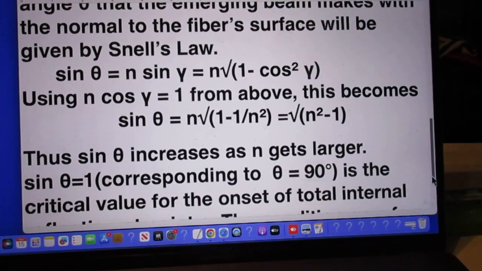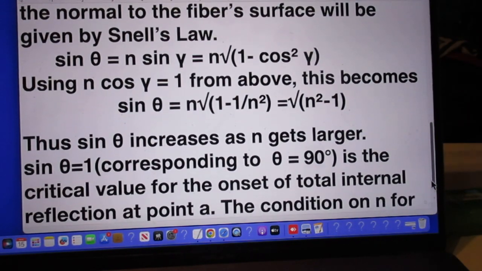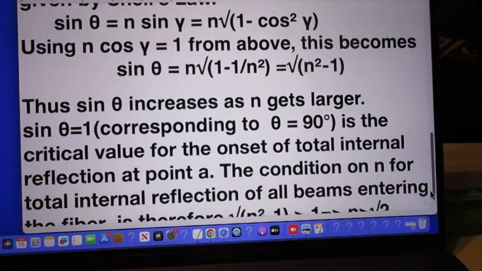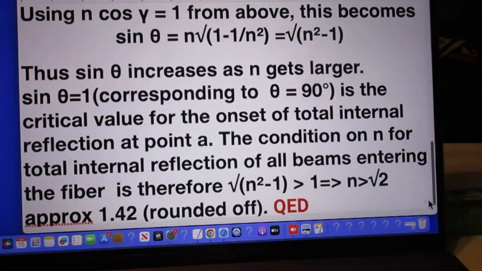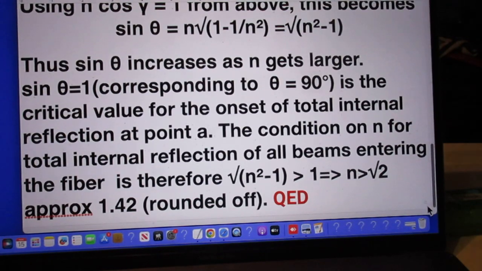Thus, since theta increases as n gets larger, sine theta equals 1, which corresponds to theta is 90 degrees, is the critical value for the onset of total internal reflection at point A.